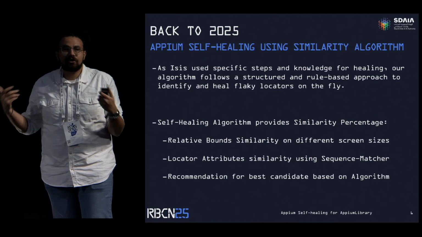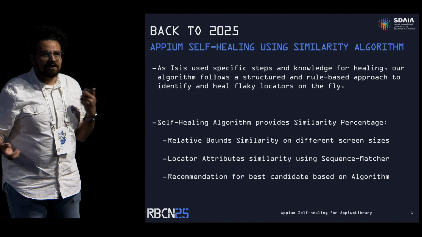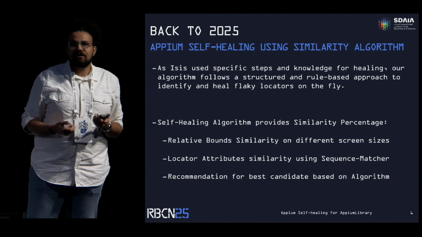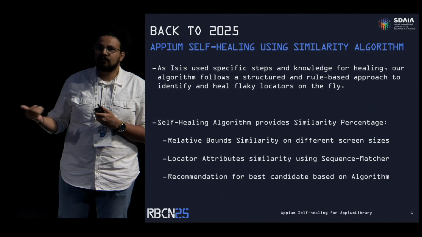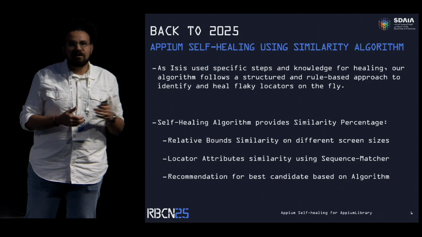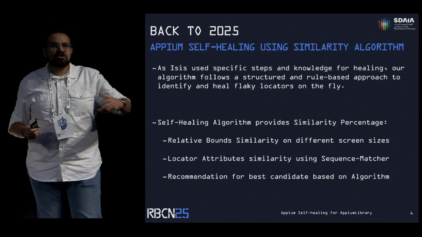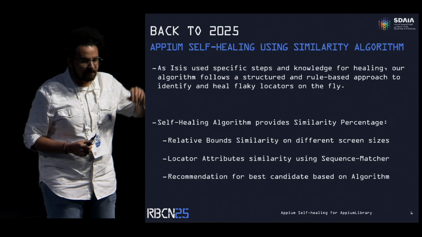It means that if you think your application under test is very flaky, then you might go for 60 to 70% similarity percentage. If you think that it's a robust application, then it's going to be between 80 and 90%.